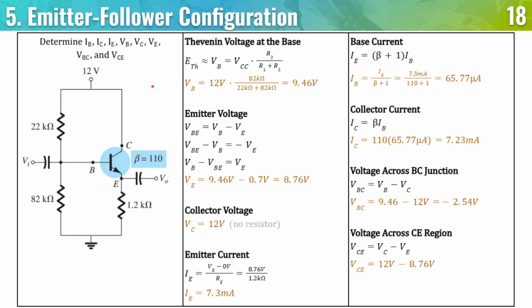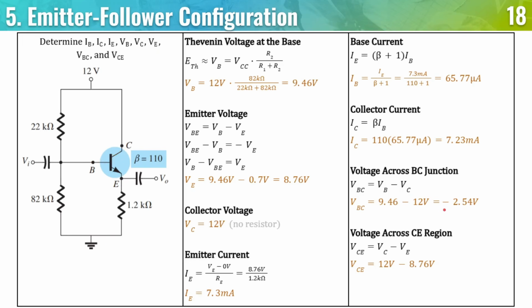The voltage across the BC junction, VBC, is simply going from B to C, which is 9.46 volts, sorry, I forgot the letter V, minus 12 volts.